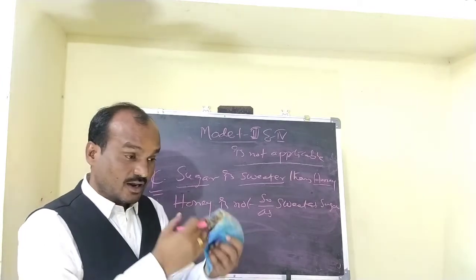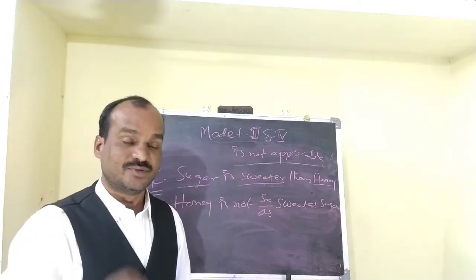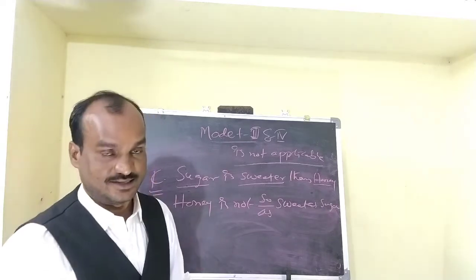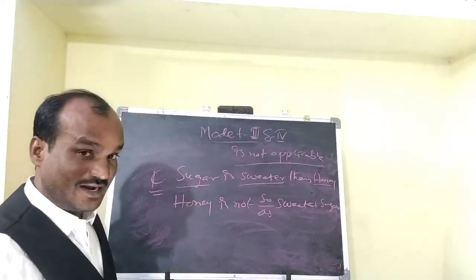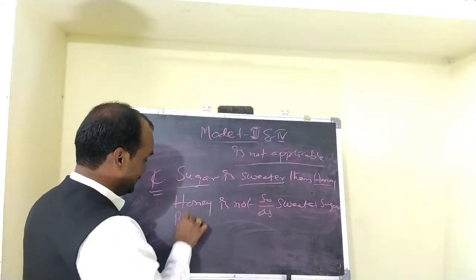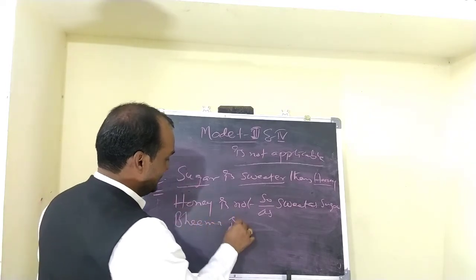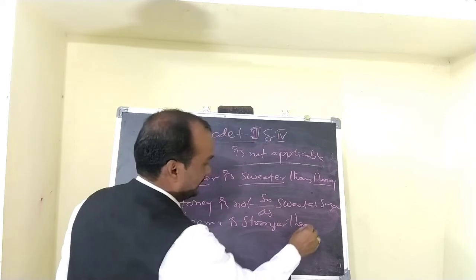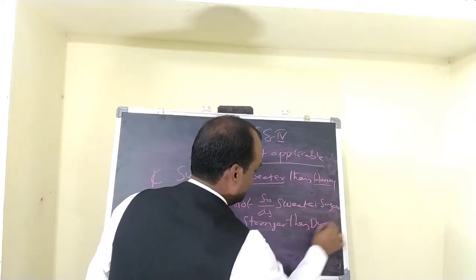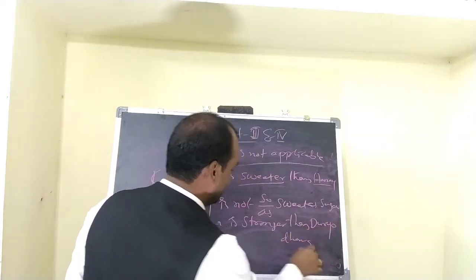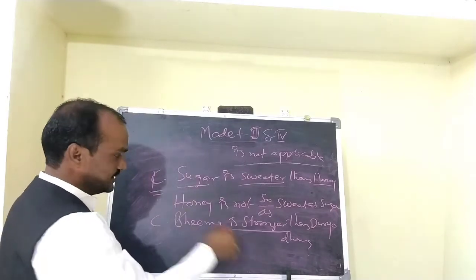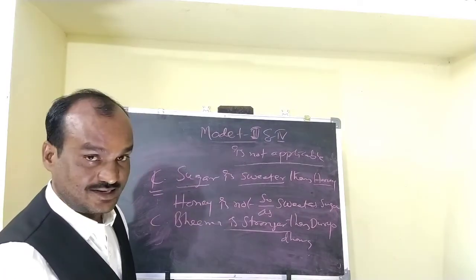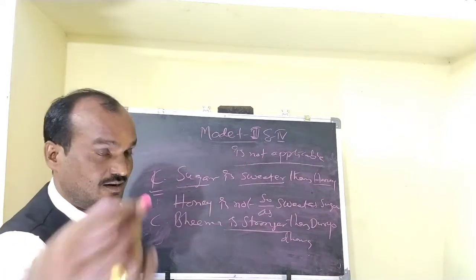So what we are doing, without altering the meaning of the sentence, we are writing in other degrees, right? So, another example: Bhima is stronger than Duryodhana, right? The adjective "stronger" indicates the sentence is in the comparative degree, right?